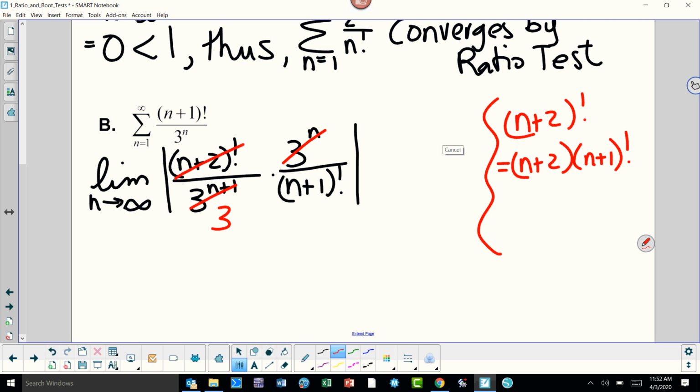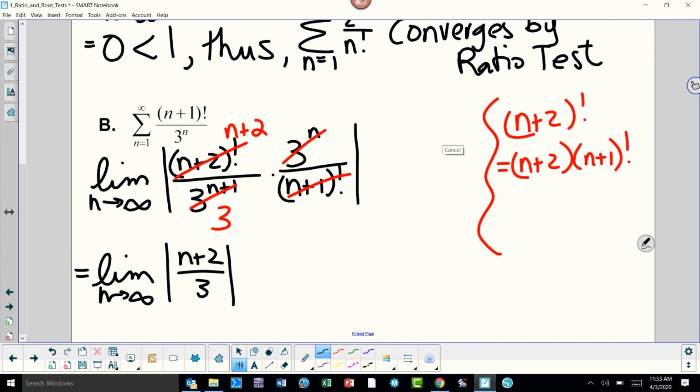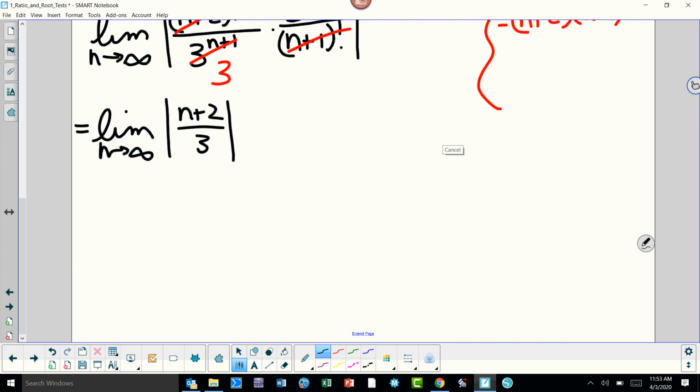So that means this and this will cancel, and this becomes n plus 2. So we're going to end up with the limit as n goes to infinity of the absolute value of n plus 2 over 3. If we evaluate that limit, you've got infinity on the top, so you get infinity. And infinity is certainly greater than 1.